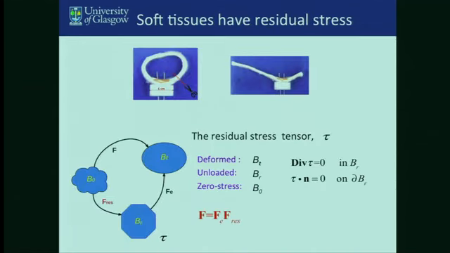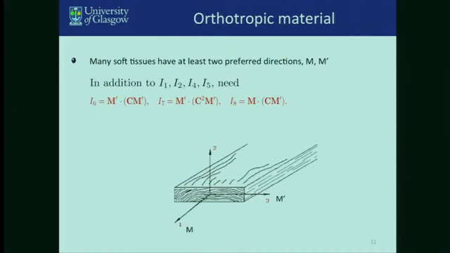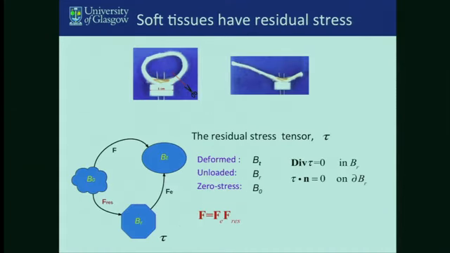So this is shown by a cut of an arterial ring. So this is the unloaded configuration. If you cut it and nothing happens, then there's no stress in it. But now this arterial ring actually springs open. That means there's actually a lot of residual stress in it.